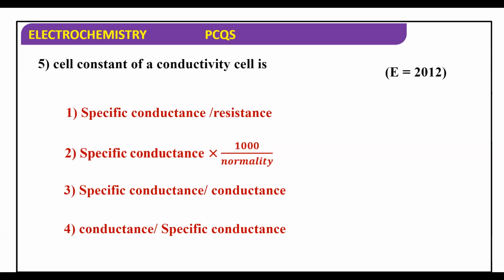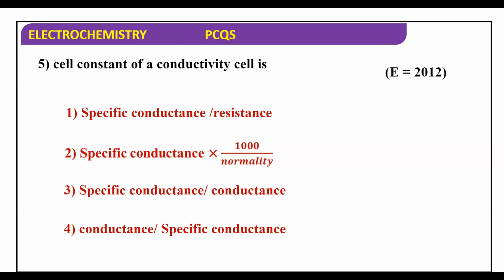Cell constant. It's 3 out. Third one, Sufyan. Yeah.